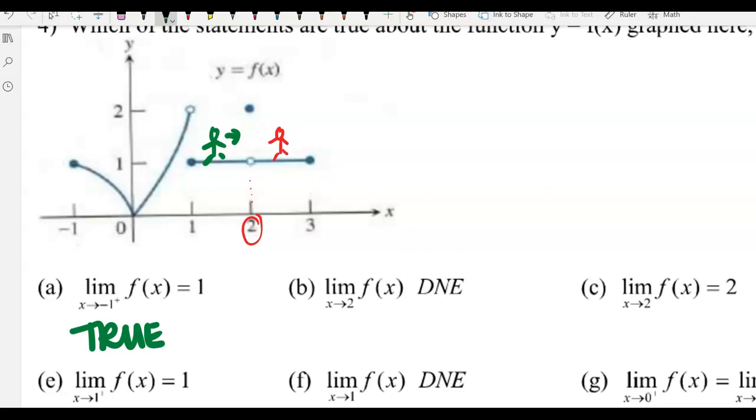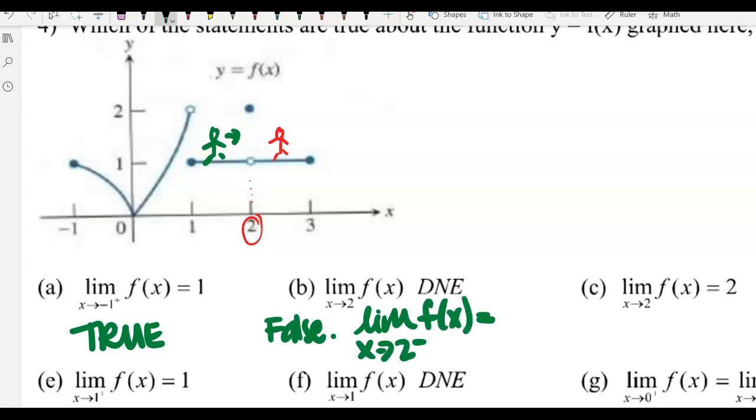Yes or no? Yes, so this is false. The limit as x approaches 2 from the left is the same as the limit as x approaches 2 from the right, and they're both equal to 1. Okay.